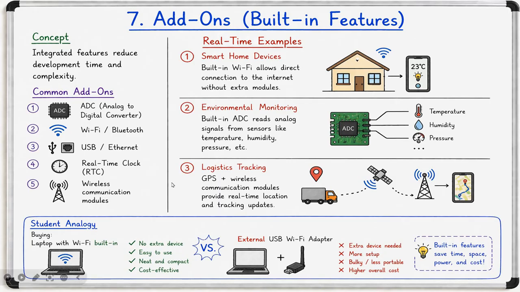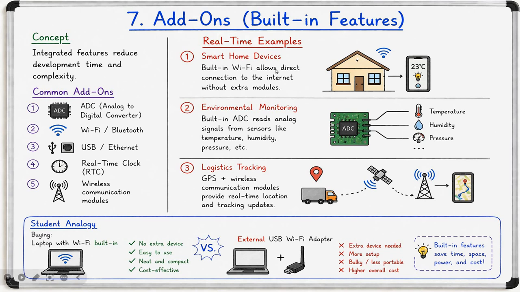Third is USB or Ethernet, which is used for wired communication and data transfer, and it is helpful for connecting devices to computers or networks. Then comes the real-time clock, which keeps track of time even when the device is powered off. It is useful for time-based operations like scheduling and logging. And next are the wireless communication modules, which include technologies like Zigbee, LoRa, etc., and they help devices communicate over short or long distances.